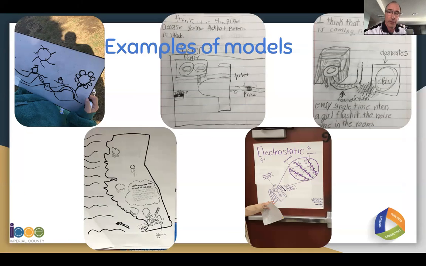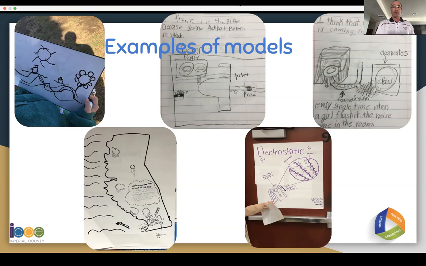Three-dimensional models are like model airplanes. But I wanted you to put your thoughts down on a regular sheet of paper, like most scientists do for the first time, when they come up with conceptual models on a sheet of paper first. So hopefully you wrote or drew a model about what you think happened here.